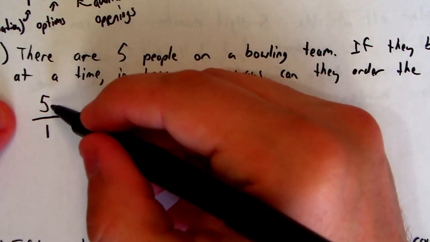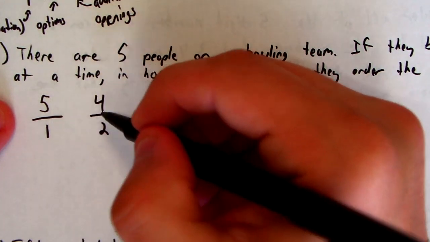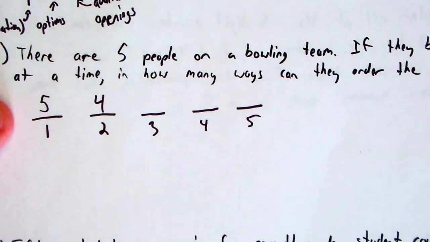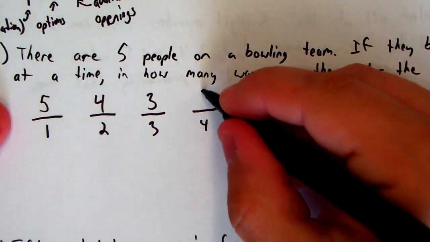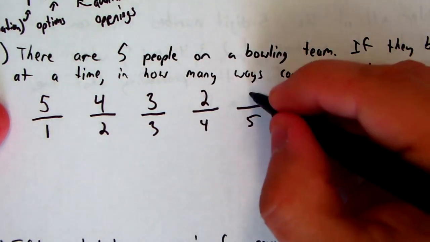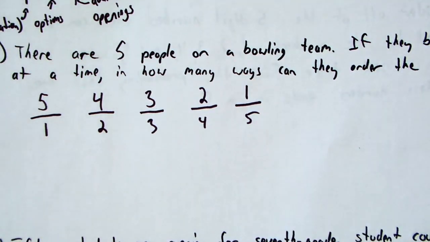After that first person is chosen, you only have 4 choices left for the second position, 3 choices left for the third, 2 choices left for the fourth, and then the last person is going to automatically slot into the 5th spot.